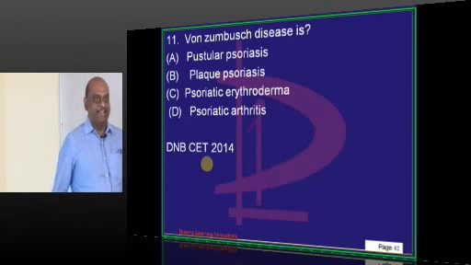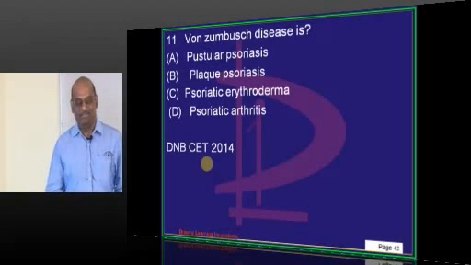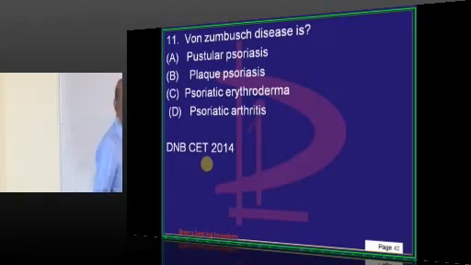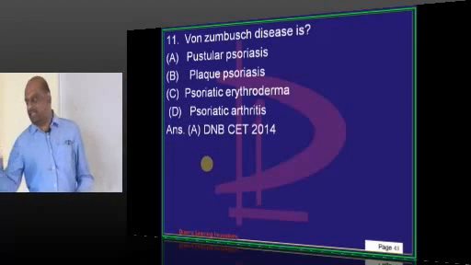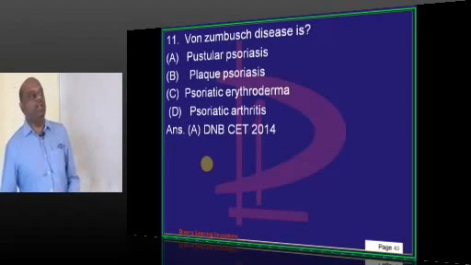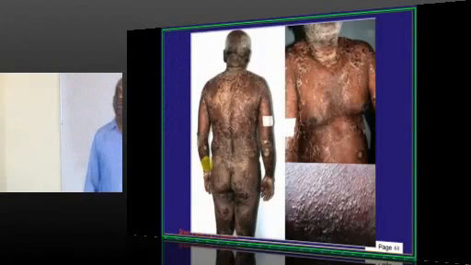After entrance you don't need von Zumbusch. You need diabetes to live, you need hypertension patients to live. You are not going to live with von Zumbusch. But anyway, pustular psoriasis is called von Zumbusch is what you need to basically remember.